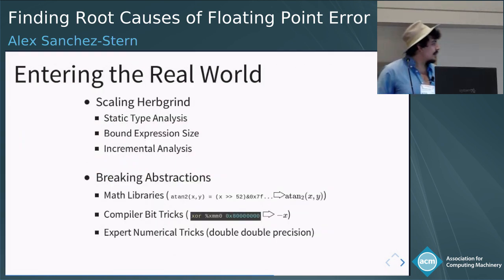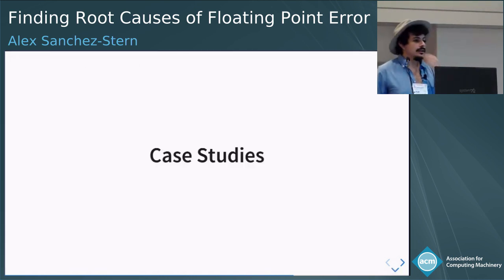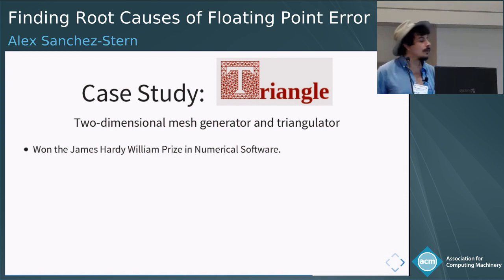So once we have all these things, we're actually ready to run on real-world software. So we ran on some real-world software, including this big piece of software, Triangle, which actually won some awards for well-written numerical software. So we wanted to use it to test our handling of expert numerical tricks.